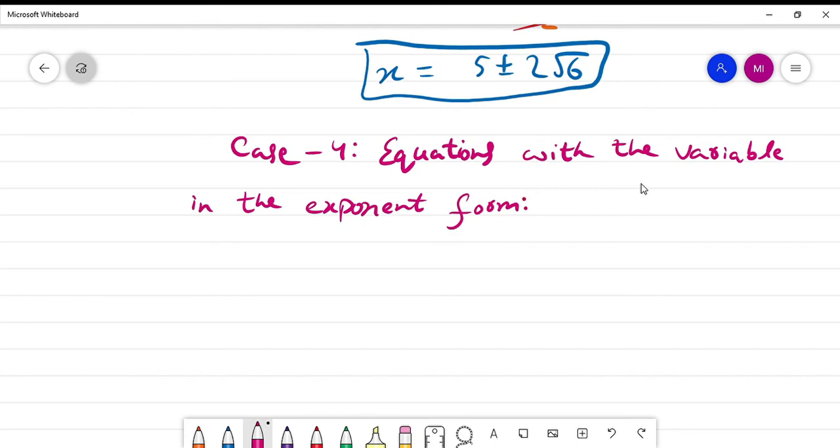So they look like a to the power 2x plus a to the power x plus b is equal to 0.